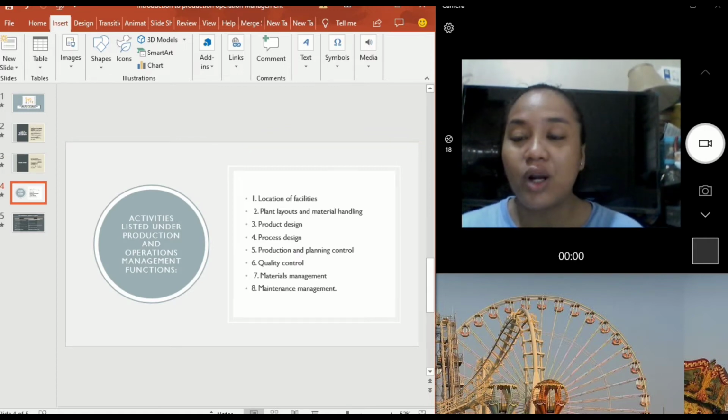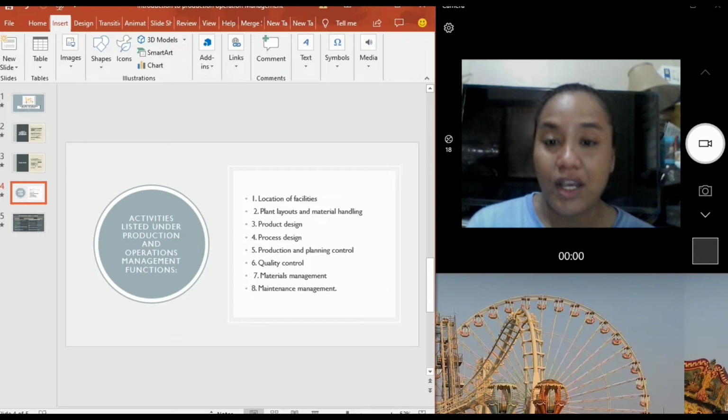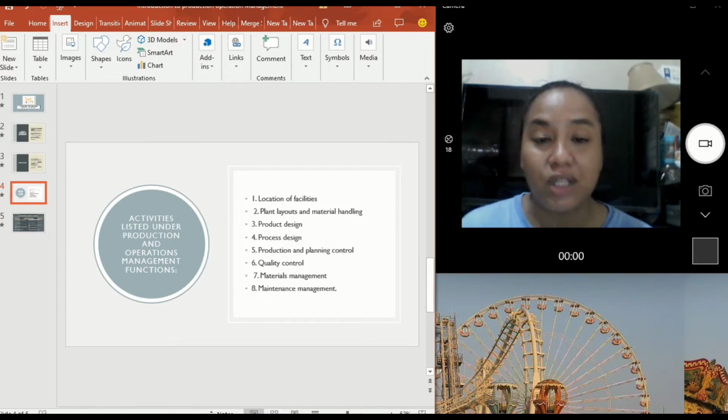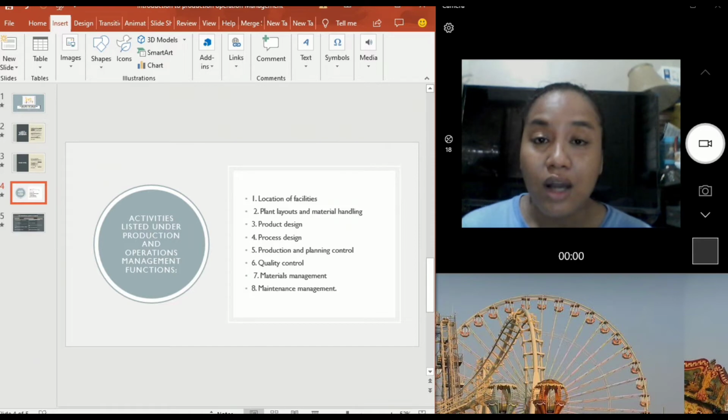For the fourth slide, these functions are the activities listed under production and operation management: the location of facilities, the plant layouts and material handling, product design, process design, production planning and control, quality control, material management, and maintenance management.